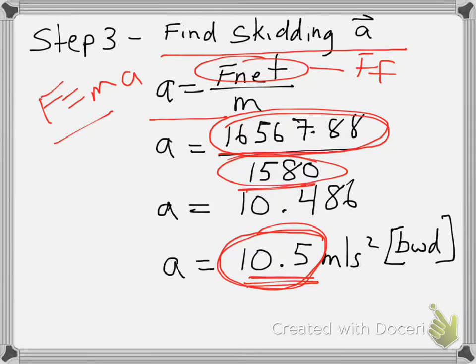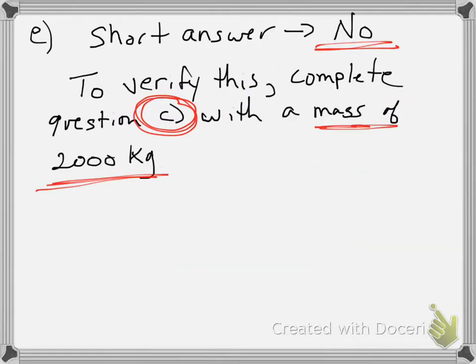If you substitute with a 2,000, and I would like you to go through that process, put in the 2,000 instead of the 1,580, and you calculate it, you'll find that you will multiply it by that 2,000 in one step to find that force of friction.